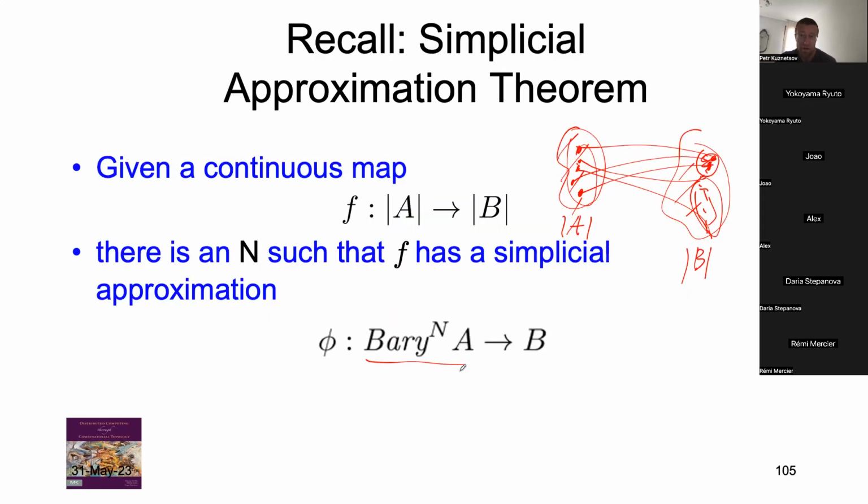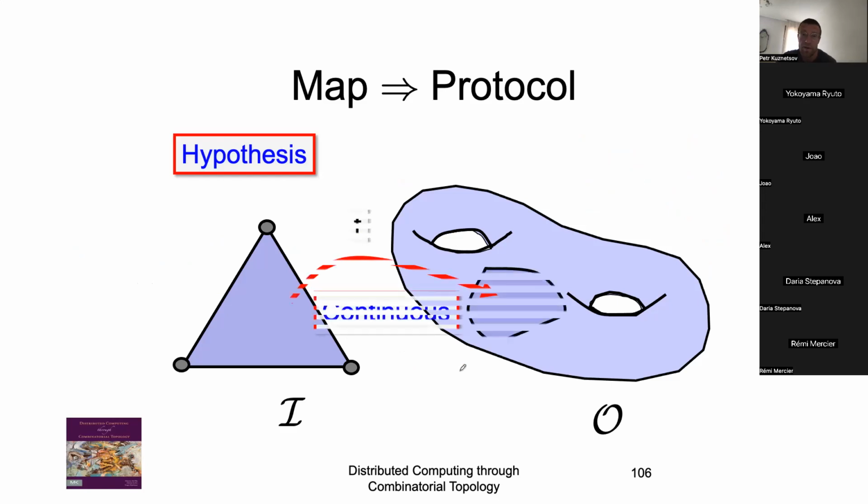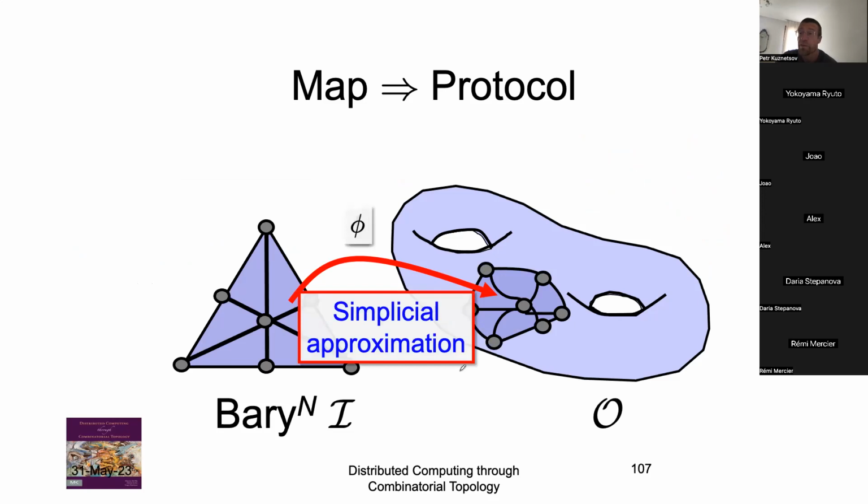Okay, so now we have all these ingredients. We take the simplicial approximation theorem as given: we know that we can approximate a continuous map, and that's what we are going to do. We have a continuous map defined on the input complex and output complex, and we approximate it using the simplicial approximation theorem, with a specific degree of barycentric subdivision. The intuition is very simple.